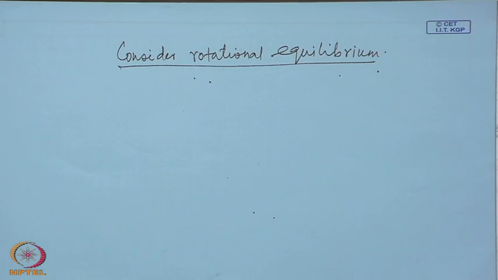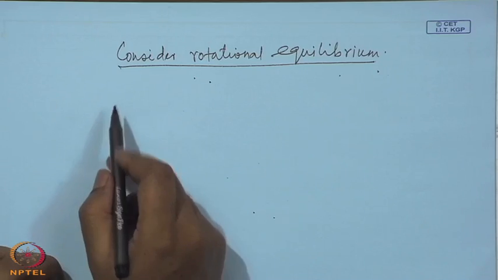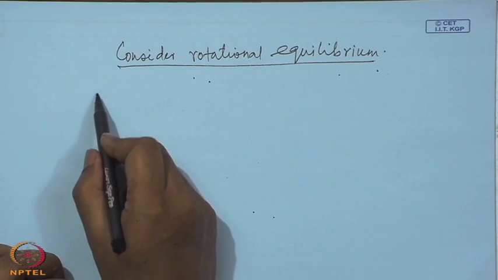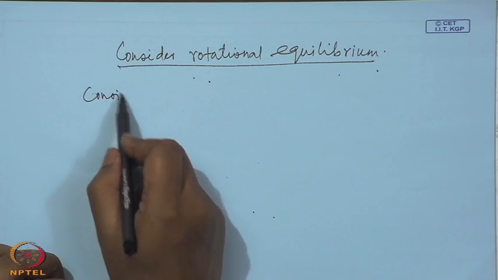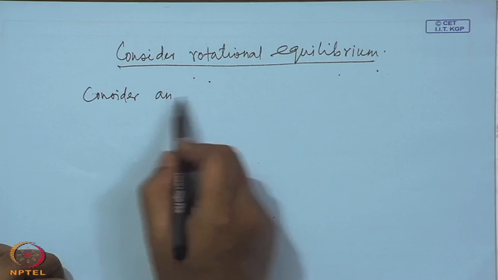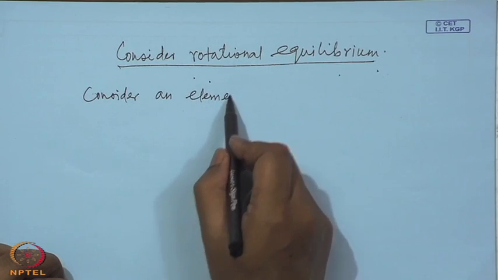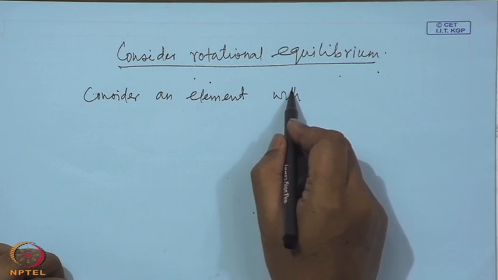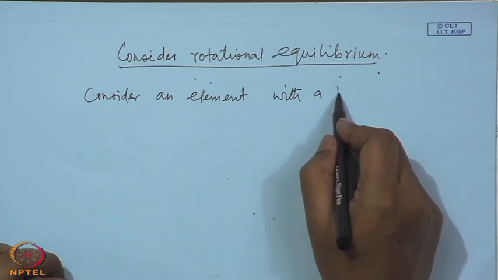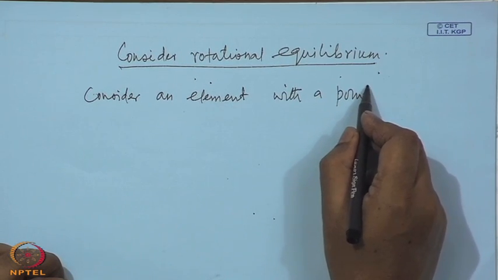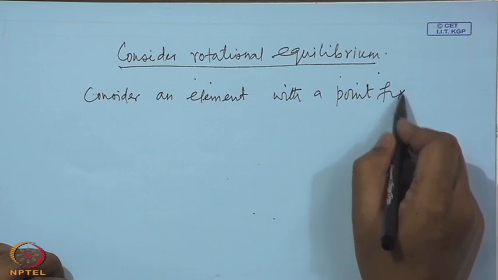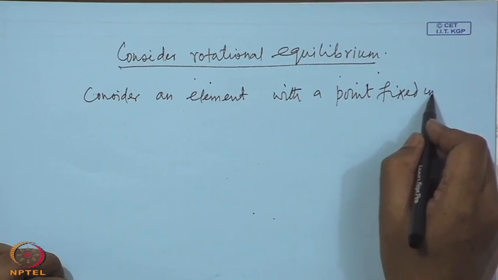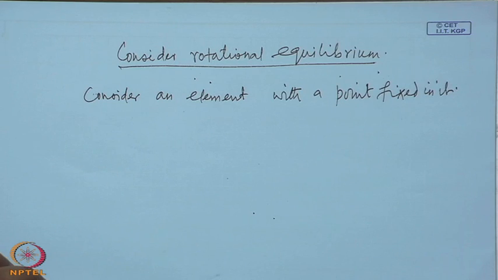Again, let us start with, consider an element. We are just fixing up a point within the control volume, just to take a moment about that point.